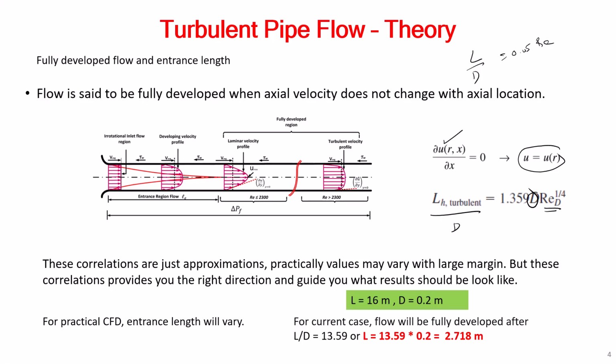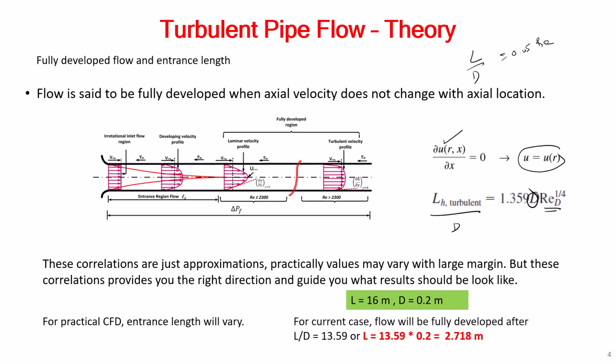So for our case, the L/D where the flow becomes fully developed, the entrance region, is 13.59. That is a higher value than for laminar pipe flow at a Reynolds number around 100, where the value was 5.